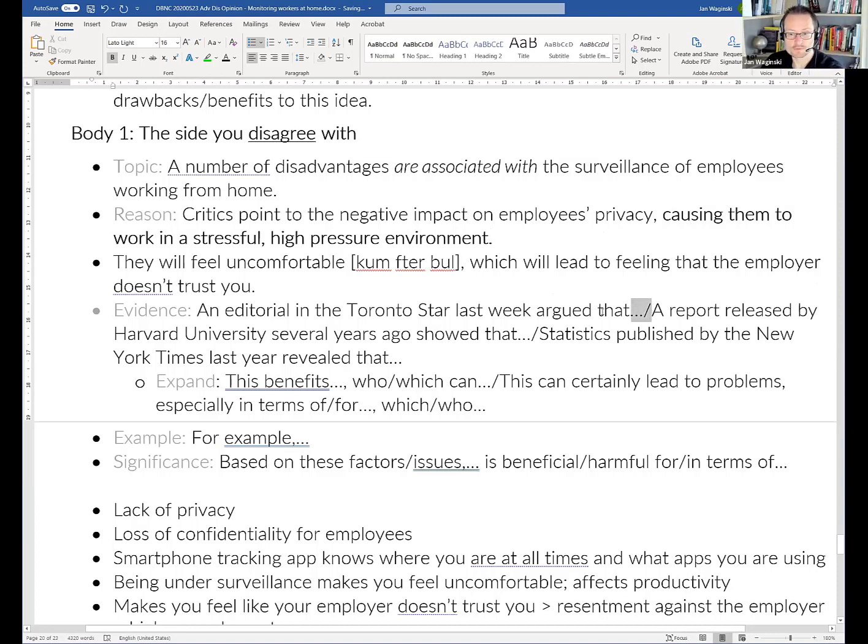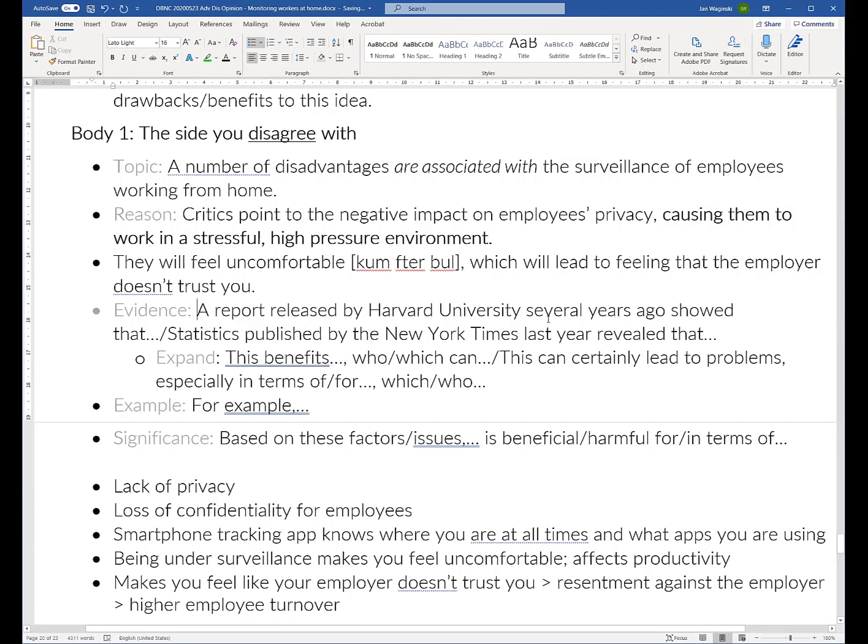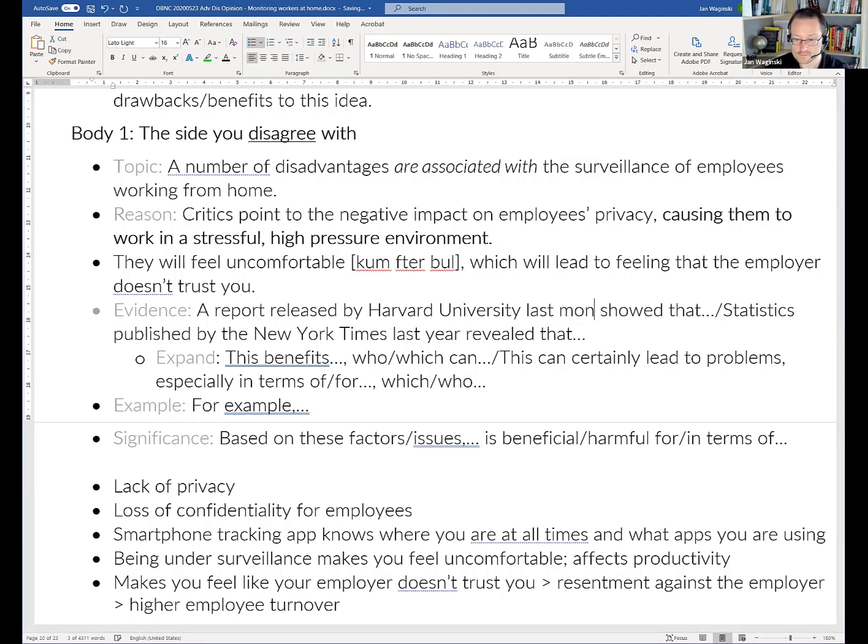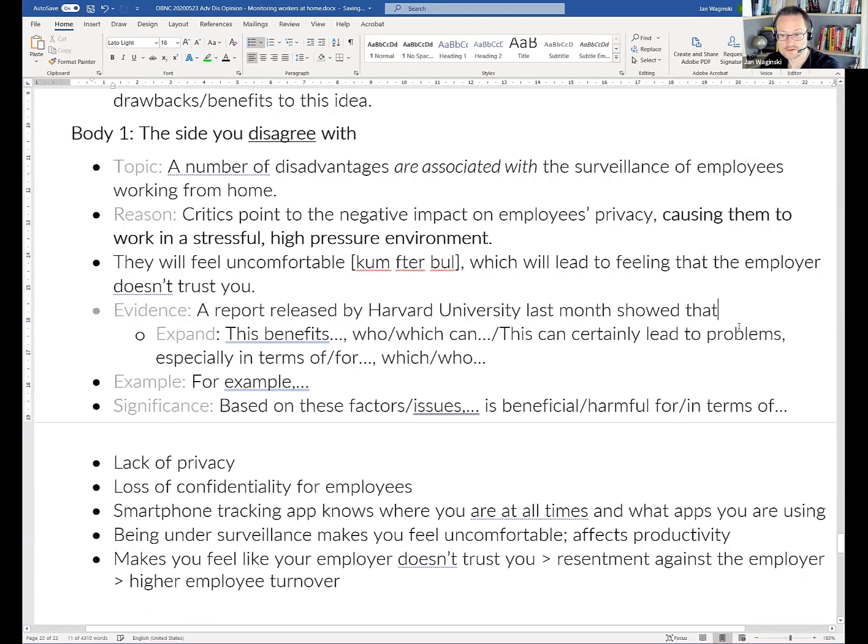Let's go like this. A report released by Harvard University last month showed what?